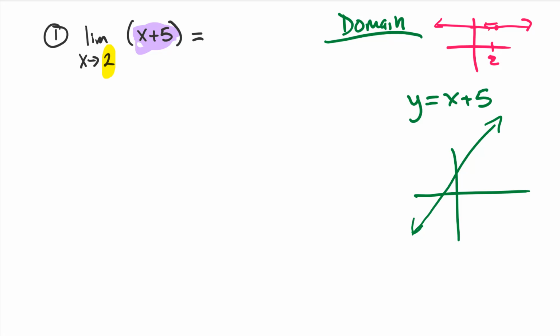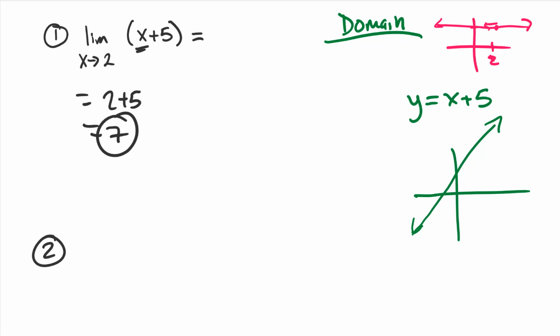Domain means all the values of x you're allowed to plug into the function. Since there is no domain issue, there is no problem. All we do then is replace our x value up here with 2 and write 2 plus 5 is equal to 7. And there's our solution, because there's no domain issue.